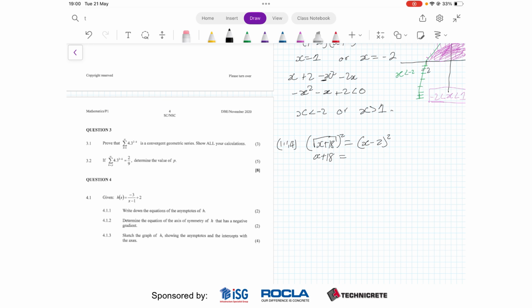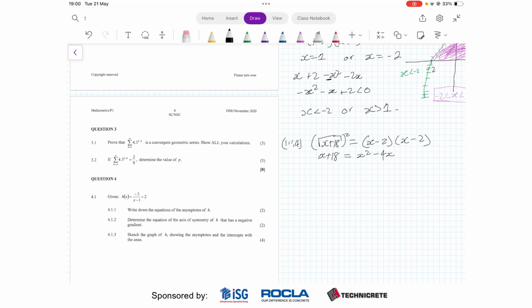On the right hand side, you essentially end up having (x minus 2) squared. Expanding out our brackets, you have x times x, that is x squared, x times minus 2 and minus 2 times x, that's minus 4x, that's x squared minus 4x, and minus 2 multiplied by minus 2, that's plus 4.